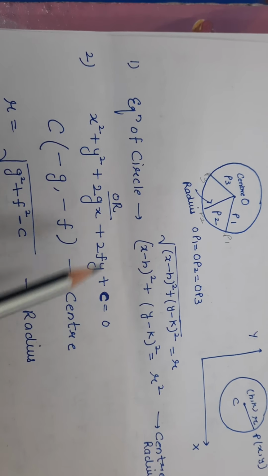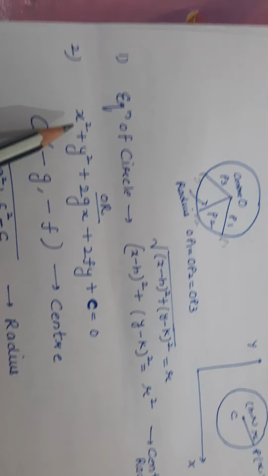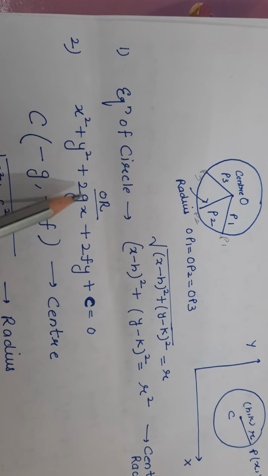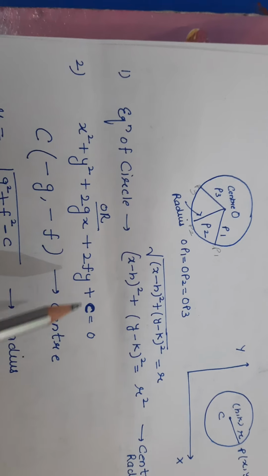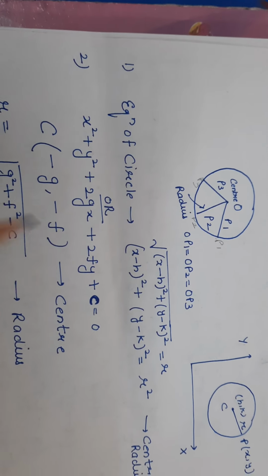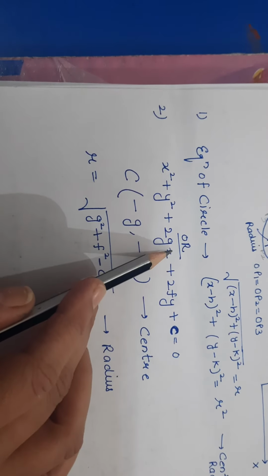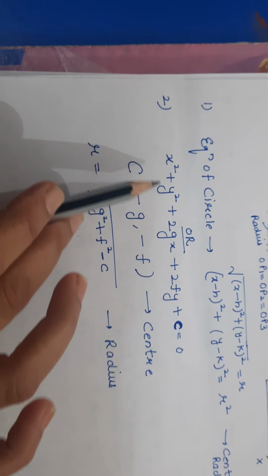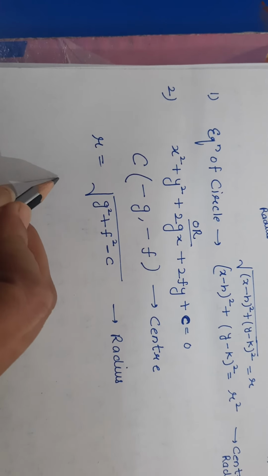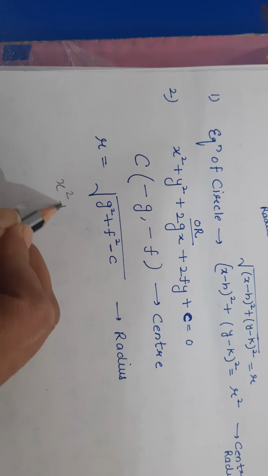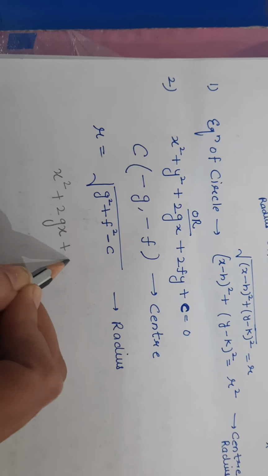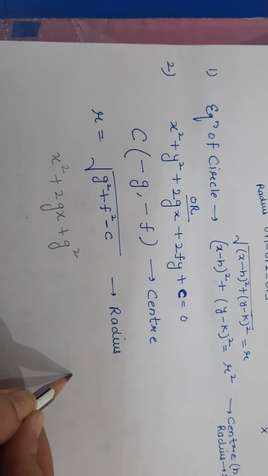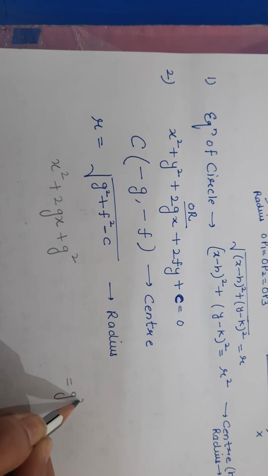Now here I have written the general equation of a circle: x square plus y square plus 2gx plus 2fy plus c equal to 0. And you have to write its center and the radius. What we do? We write it in the form of a perfect square, like x square plus 2gx. Now we add g square, and in the same way we add g square on the right hand side.